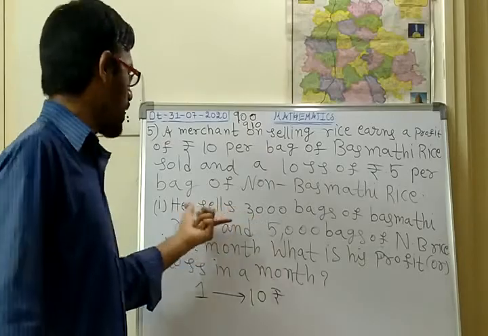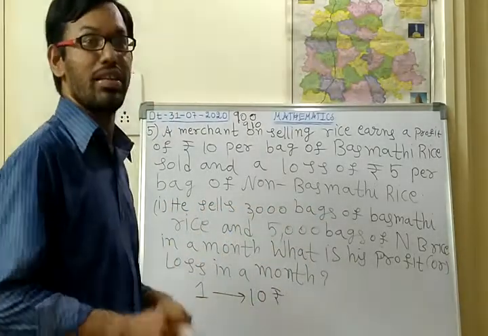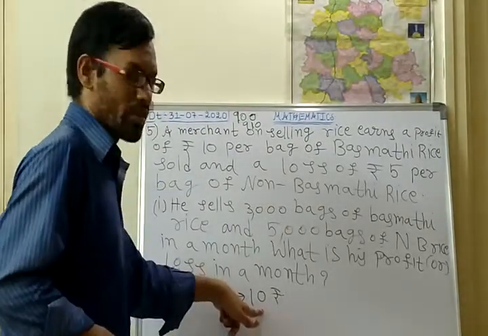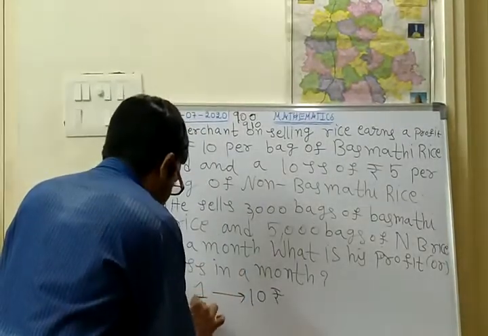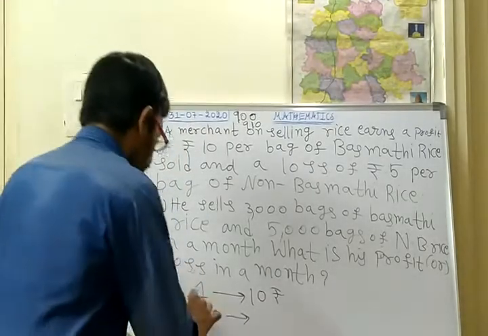Next, in this question, how many bags of basmati rice does he sell? He sells 3000 bags. For one bag he got 10 rupees, so for 3000 bags how much money did he get? That means 3000 into 10.